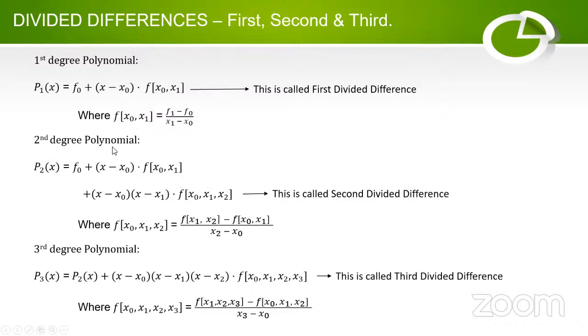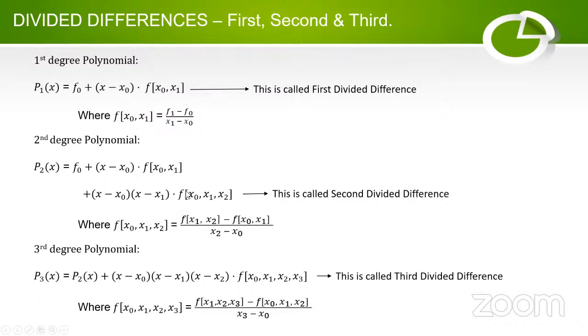Then for the second degree, we have f0 plus x minus x0, then multiply by f[x0, x1]. This is the first degree, now added to an extra term. This is the extra term now, because we are considering the second degree, and we recall that for second degree we have 3 data points: x0, x1, and x2.